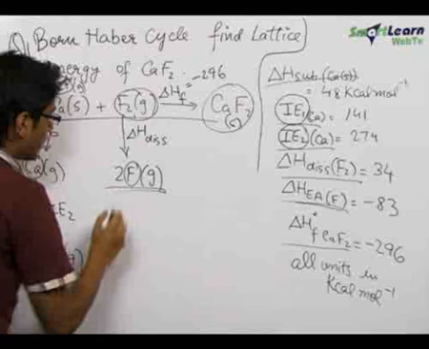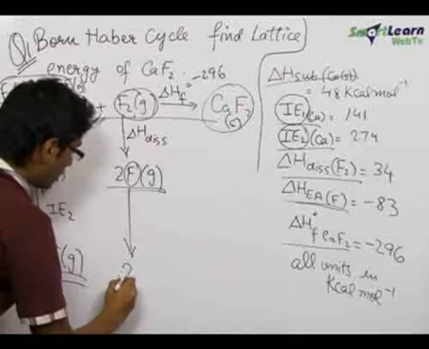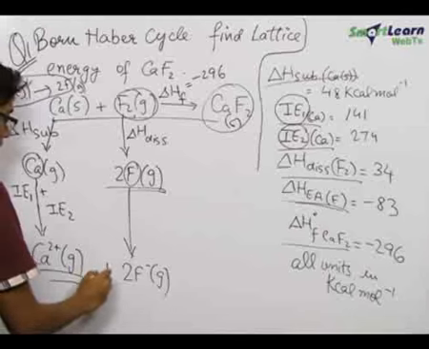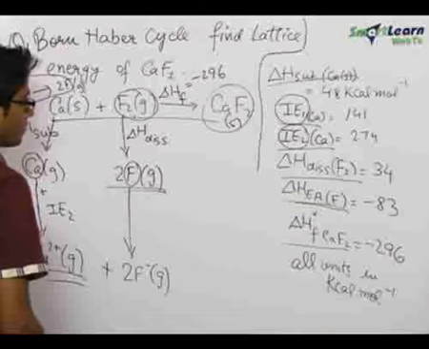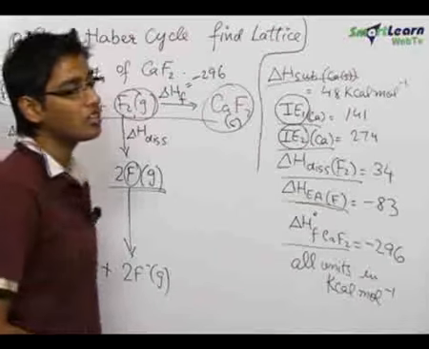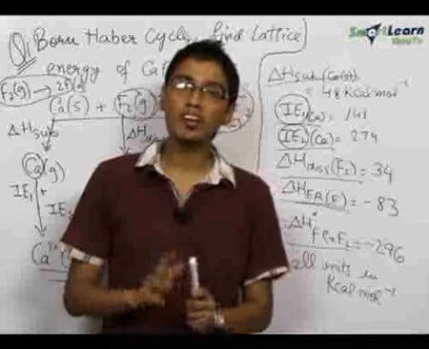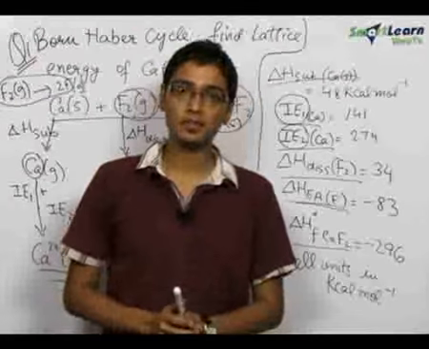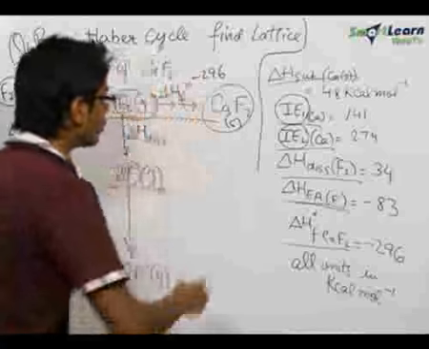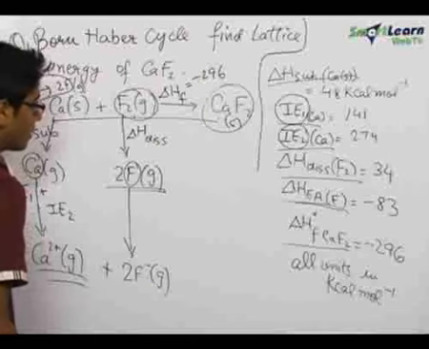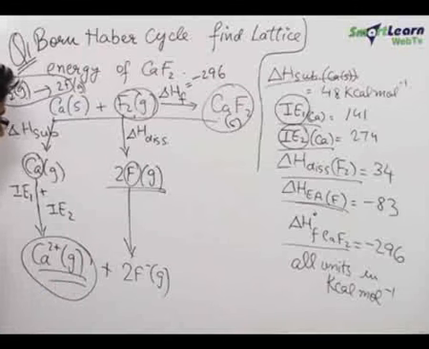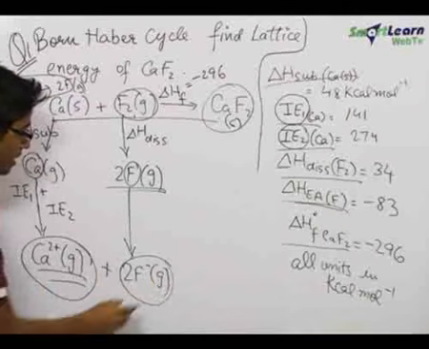Now again these fluorine atoms need to be converted into fluoride ions, because the lattice energy is defined as the amount of energy released when 1 mole of a crystal is formed from its parent constituent ions in gaseous state. So in order to form this calcium fluoride crystal, we need to have the ion of Ca 2 plus in gaseous state and the ion of fluorine in gaseous state.